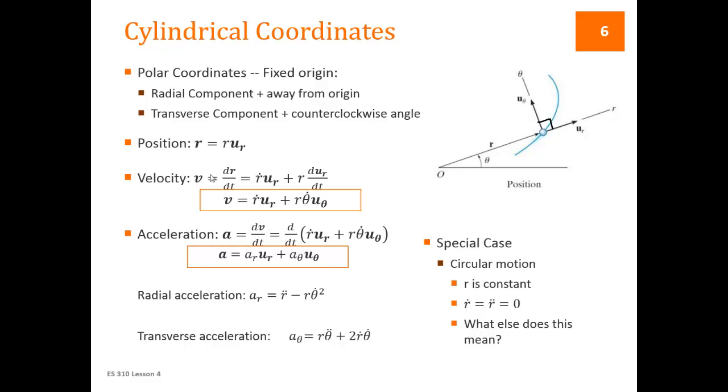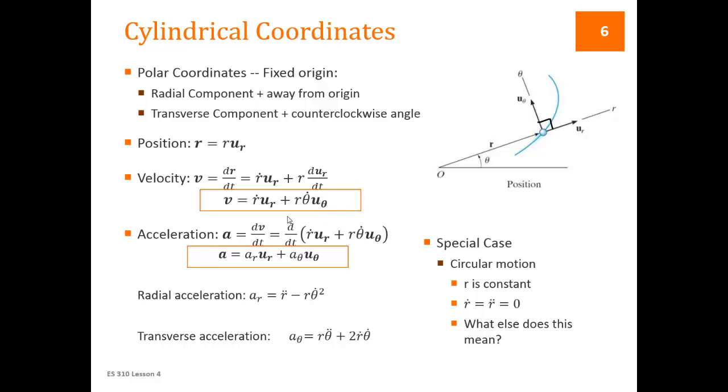To find the velocity, we're going to take the derivative of this. Now remember, UR is no longer fixed in direction, because as the particle moves, the UR changes direction. So we have the derivative of r times UR plus r times the derivative of UR. The derivative of UR is theta dot times U theta.